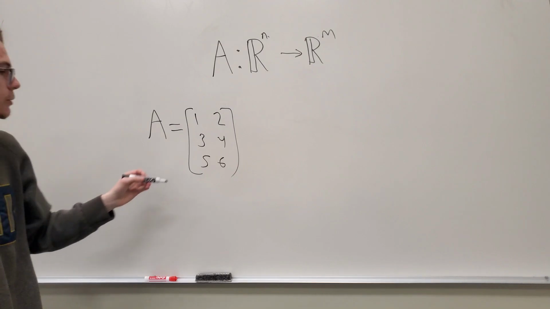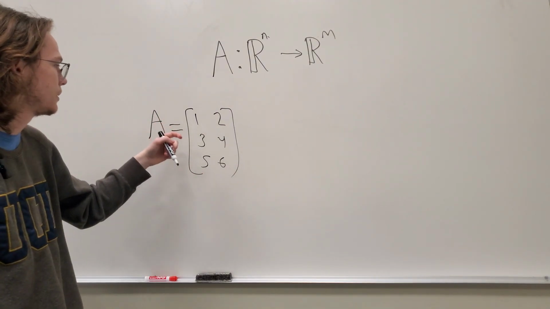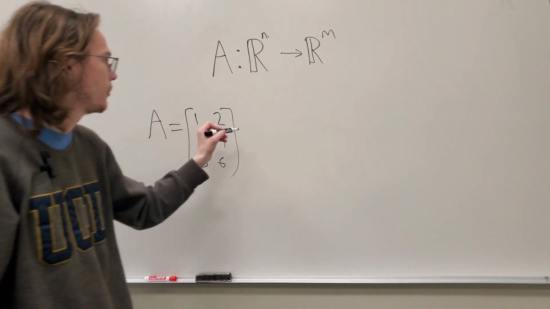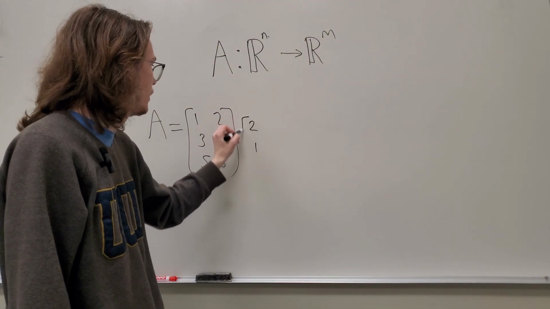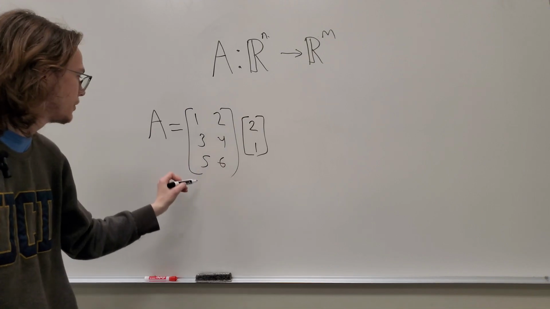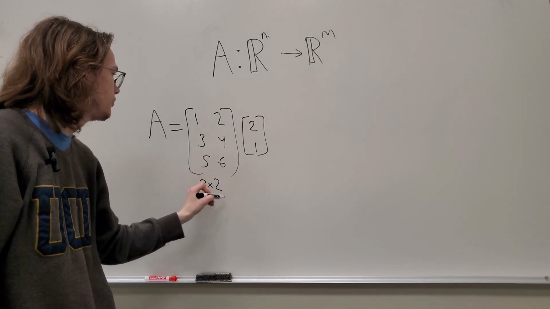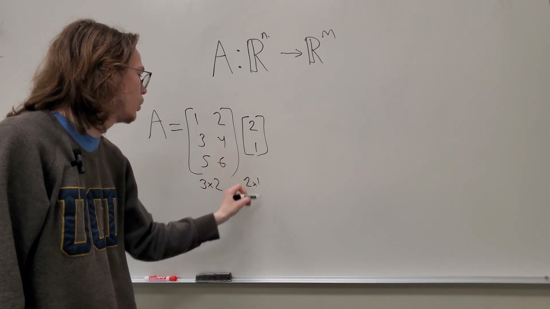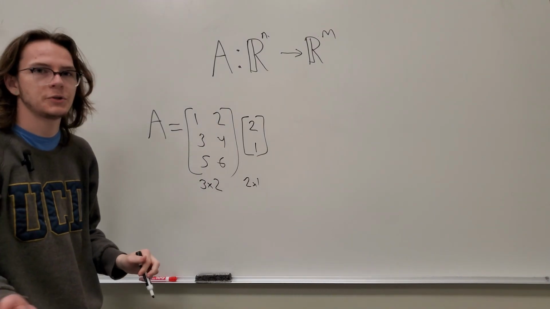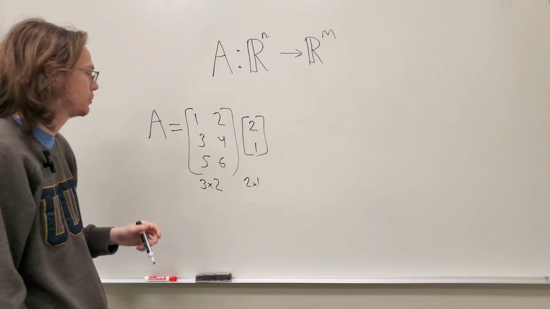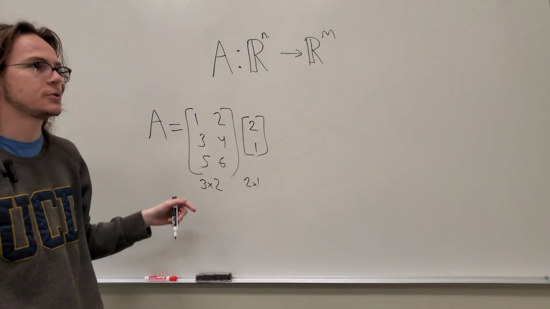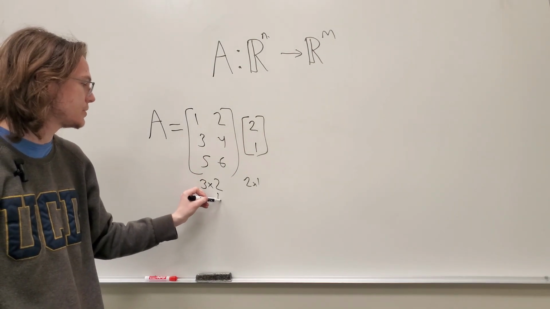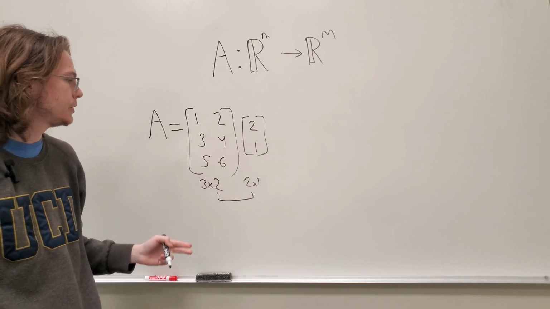And let's say that we multiply it by some vector, let's just say 2, 1. So we've got a 3 by 2 matrix here and a 2 by 1 vector here. If you don't know how to do matrix multiplication, you first need to see if the two matrices can be multiplied, and you do that by seeing if the inner digits are the same.